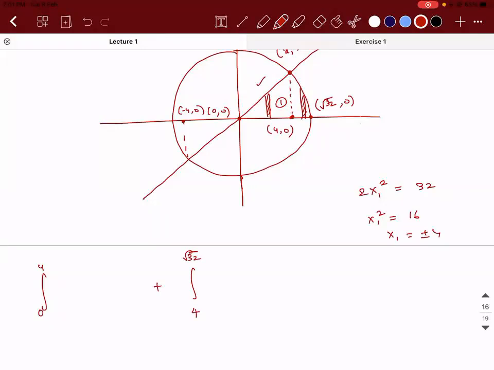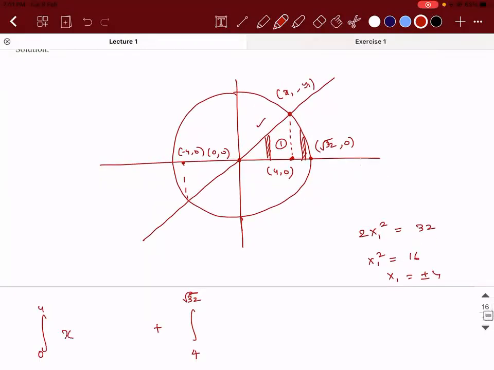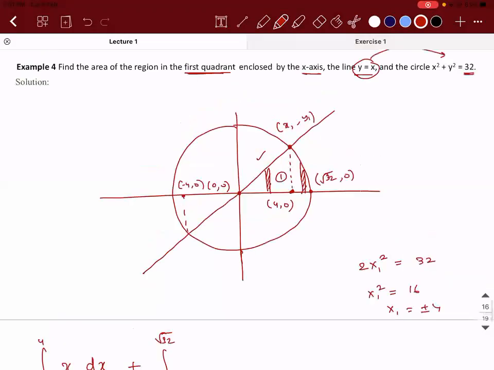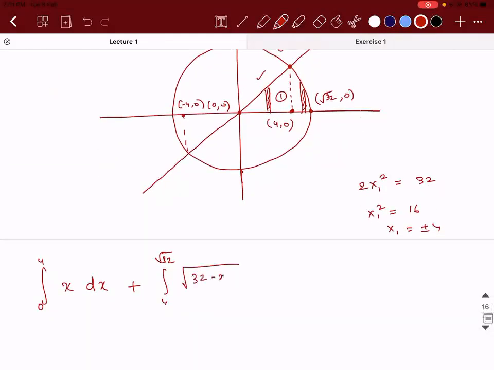Here y is equal to x, so you will get it as x dx, plus integral of 4 to root 32. So what is the curve? Root of 32 minus x square dx.